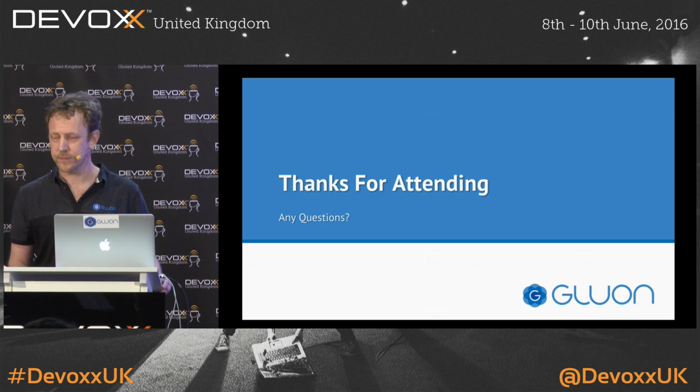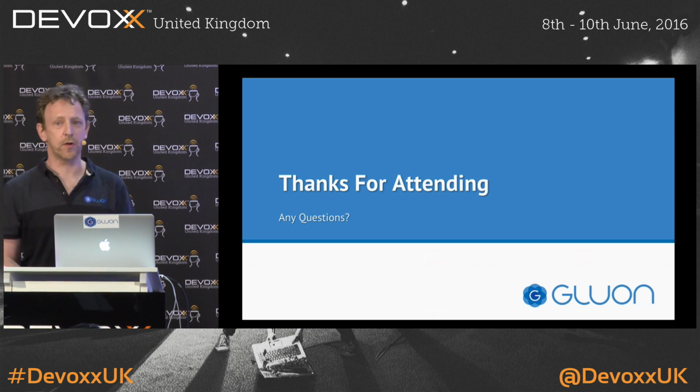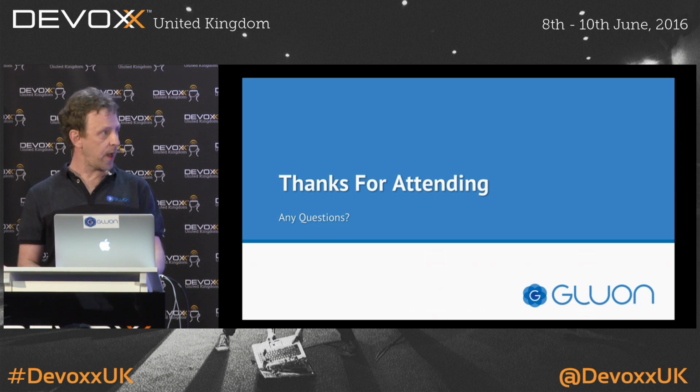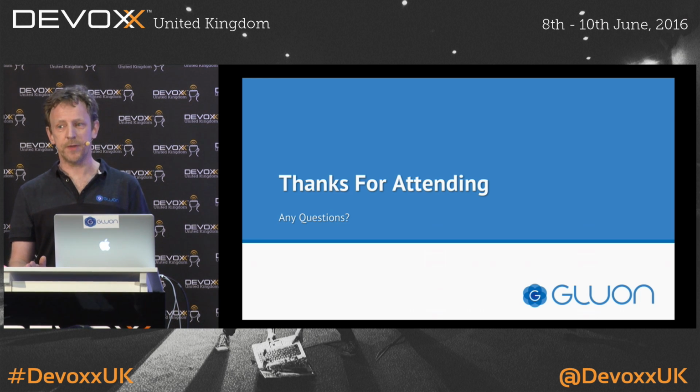Yes? How do you interact with the device hardware, like GPS? Yeah, good question. So the question is, how do you interact with device hardware, for example, the GPS? One of the sub-projects of Gluon Mobile is Charm Down. It's an open source project, and it contains an abstraction over things like, for example, the GPS.